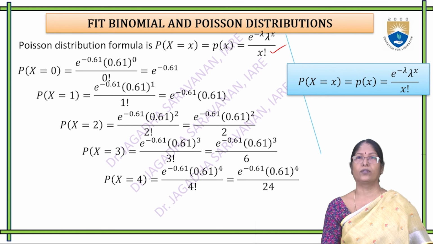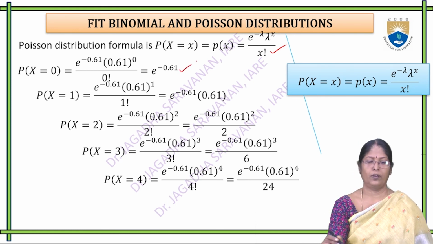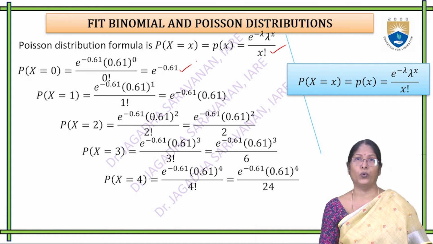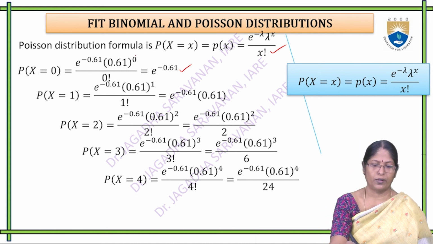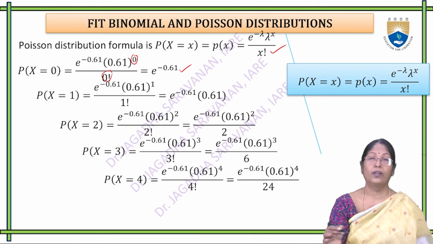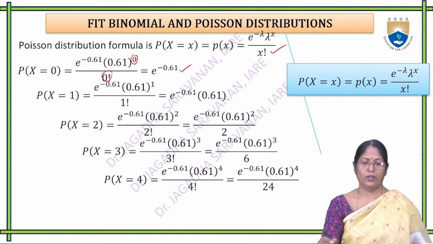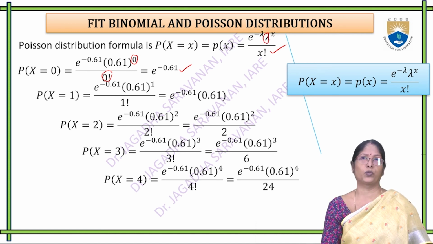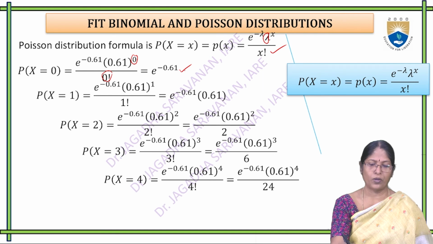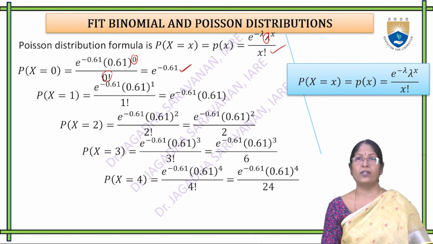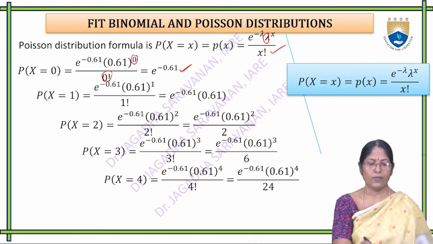So the animation we can see. When x equal to 0, x takes the value in the two places, and x factorial is replaced by 0. 0.61 is the lambda value, which we replaced in the lambda place. We obtained, when x equal to 0, e power minus 0.61.